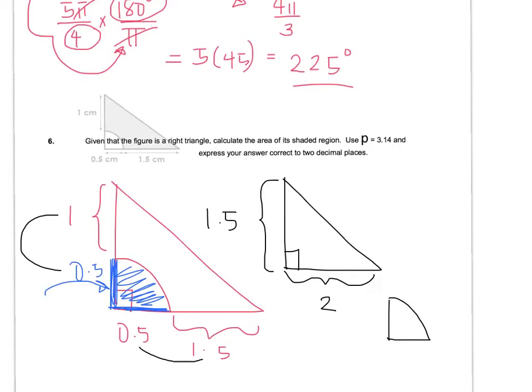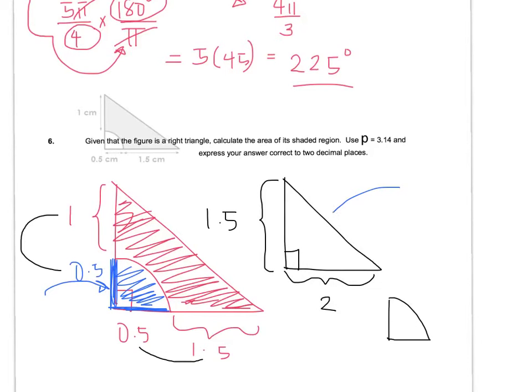It's a right triangle, so this must be 90. So in concept, if I want to find this shaded region, if we analyze it, this shaded region is basically the area of the triangle minus the area of the quarter of a circle, right?